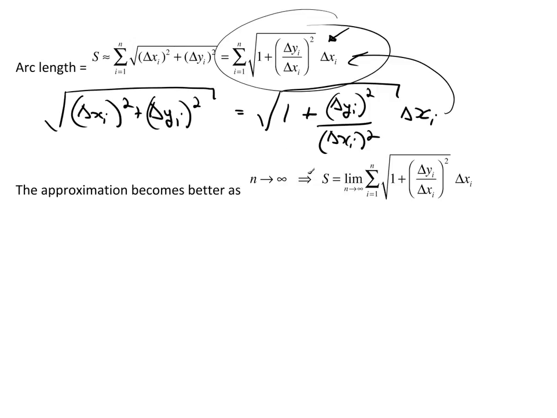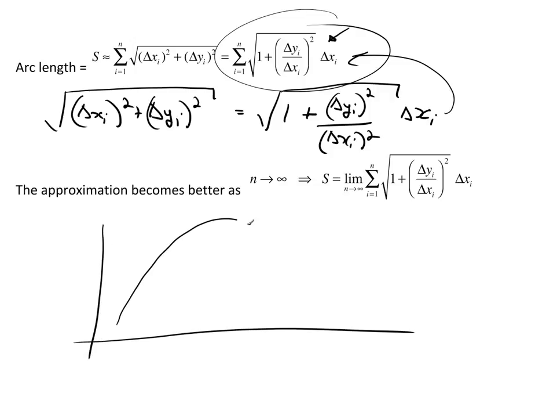Now, clearly, this approximation will get better if I let n go to infinity. And kind of implicit here is the fact that all these delta x's are the same, so delta xi, they're all going to be the same width. Otherwise, I have to be talking about letting the norm of the partition go to 0. So if I simply let n go to infinity, then delta xi goes to 0, and that gives me an infinite number of these little segments.